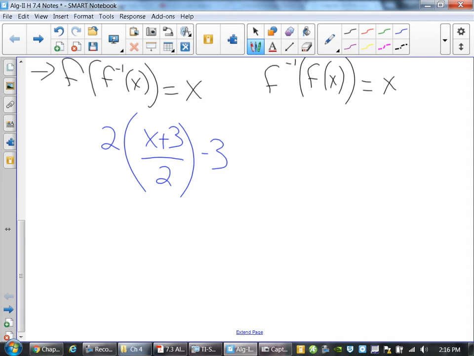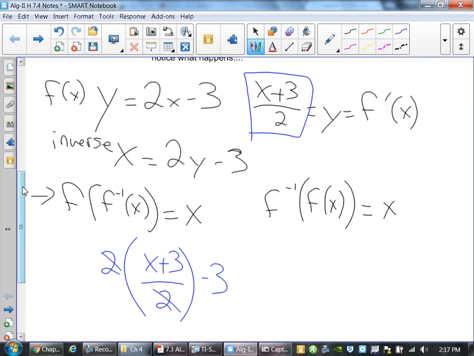So when I distribute in, what happens to the 2? It drops. The 2 drops, and then you get x plus 3 minus 3, which is? Hey, hey, hey. And I do it again with the other one, because they both have to equal x.